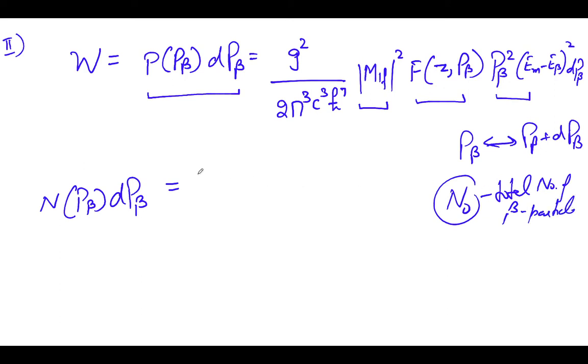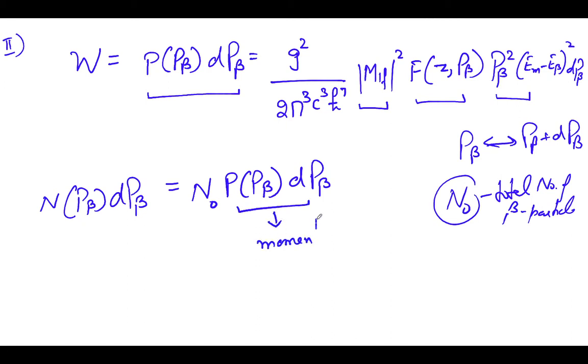we will multiply these two terms. Our new expression for the particles emitted in this particular momentum range is equal to n naught into n of p beta into dpb. This is generally known as the momentum distribution of emitted beta particles.